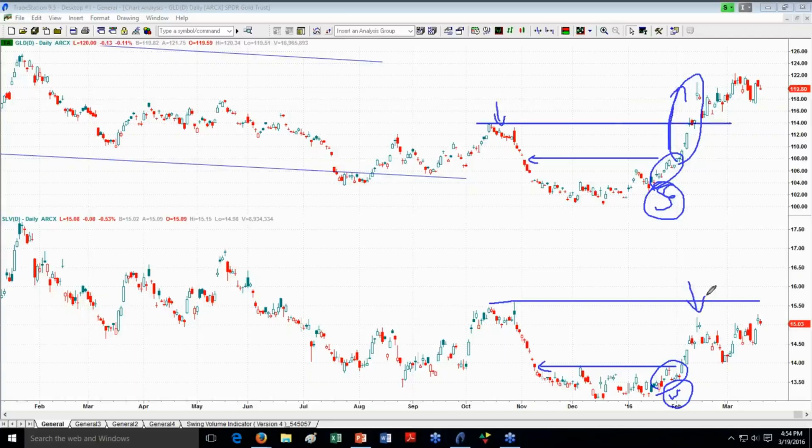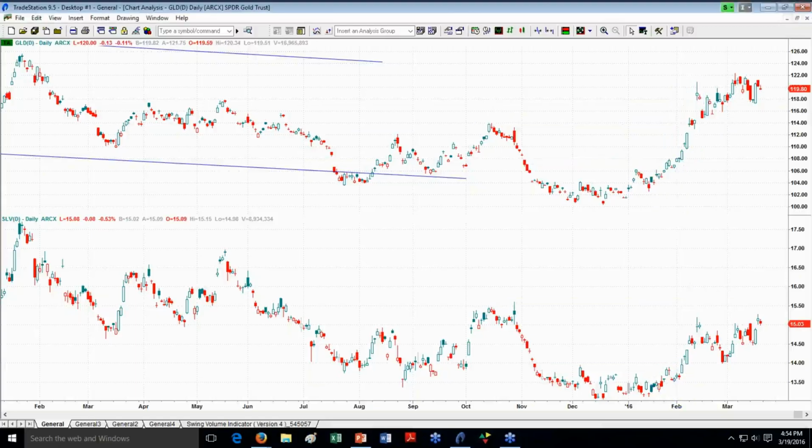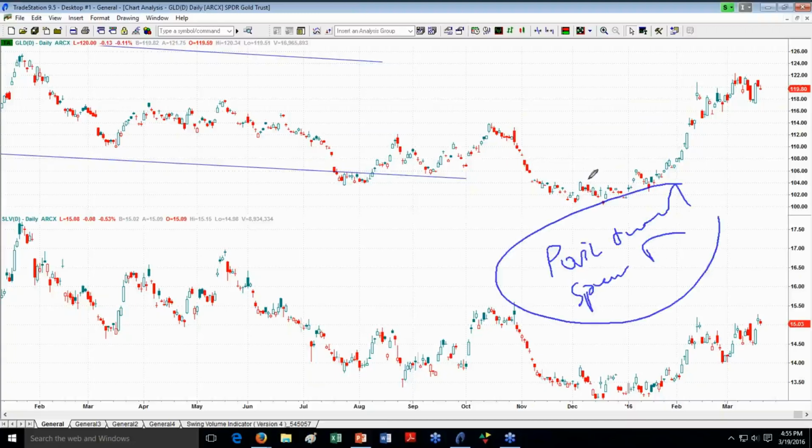And then of course on the intraday basis you're going to do the same type of analysis. So anything slightly correlated like this, you're always going to have this type of analysis. Even for those of you who heard about pair trading or spread trading, that's basically the same concept.